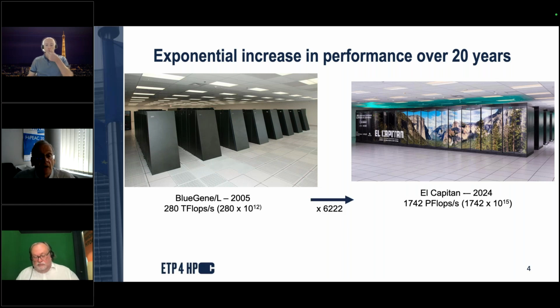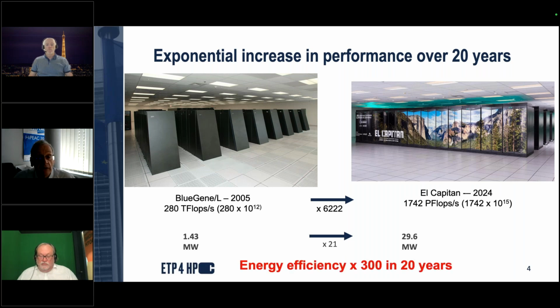That means we have an increase of performance of more than 6,000 times in these 20 years. And in terms of energy, Blue Gene was 1.4 megawatts, and El Capitan is about 30 megawatts. So that means an increase of energy demand of 21, but globally for energy efficiency, it was a ratio of 300 in 20 years.